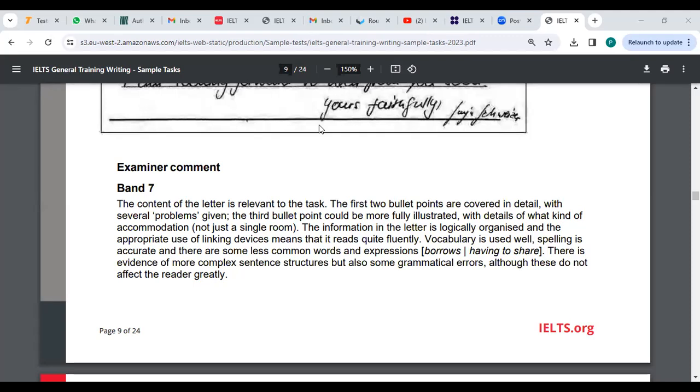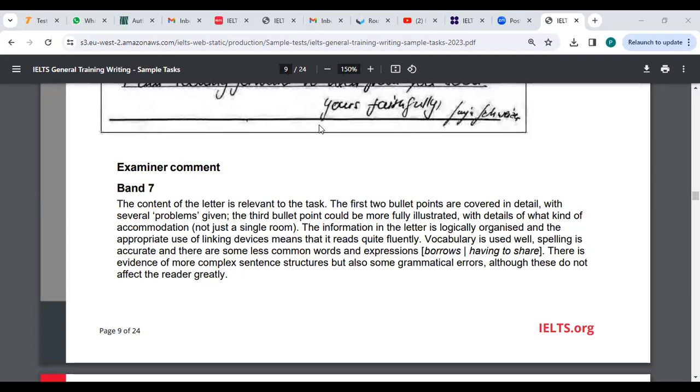Okay, ladies and gentlemen, I think most of you, just like me, were all thinking of the academic test. If it were the academic test, we would not get a band 7. But the general test is easy to get a band 7. Do you get the difference?